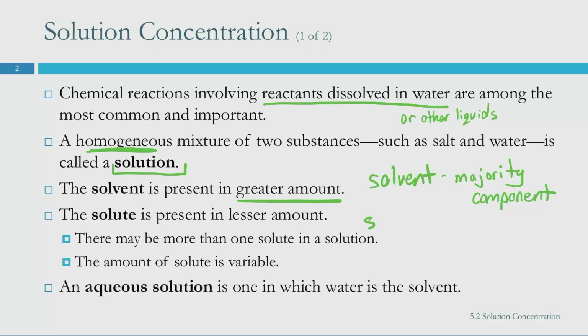And our solute is the minority component. These definitions are more relevant when we're talking about a liquid dissolved in a liquid or a solid dissolved in a solid or something like that. You can have more than one solute in a solution, and the amount of the solute is also variable.